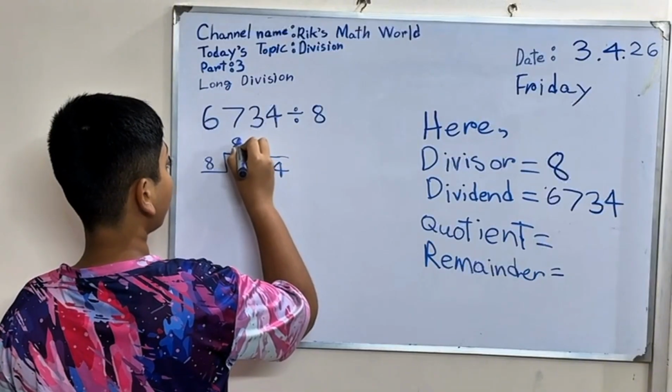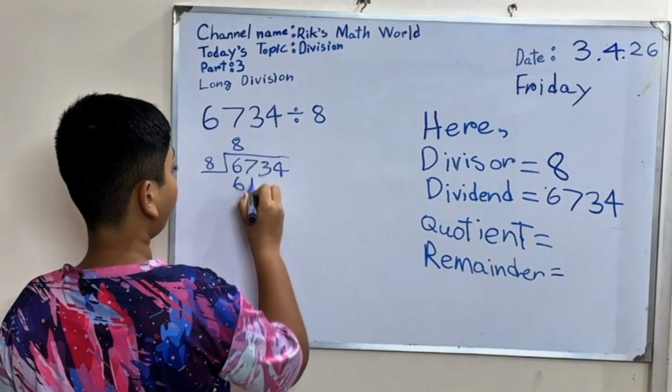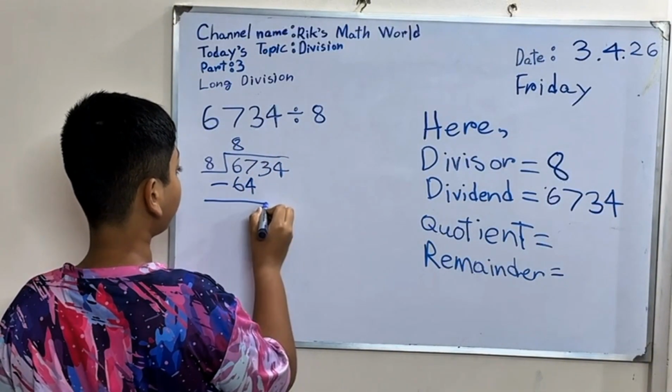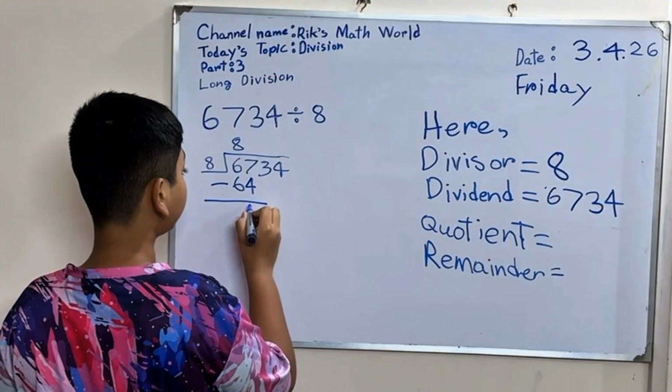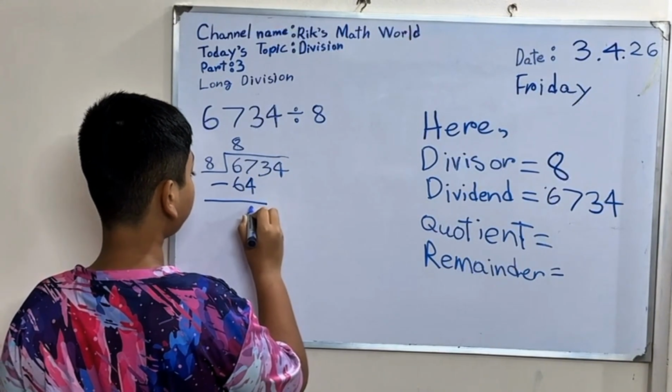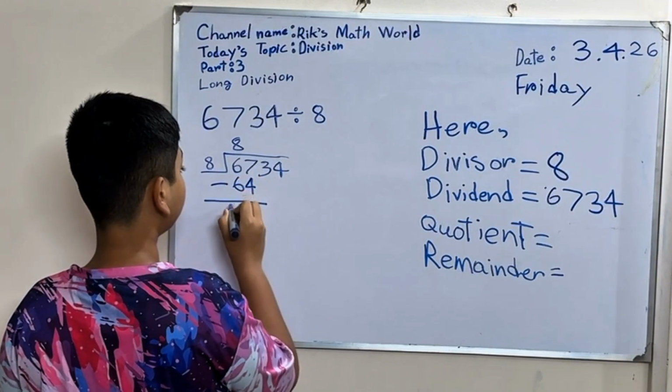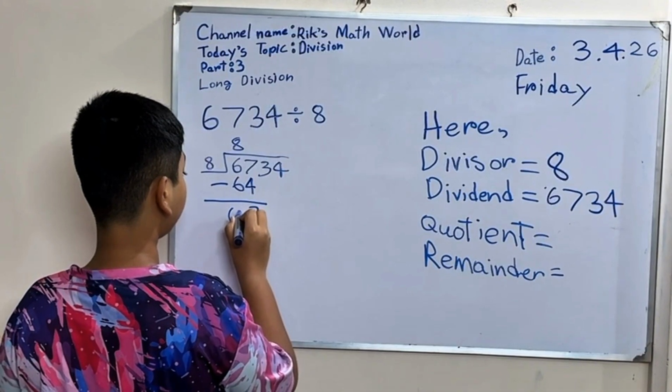So we will write 8 here and we will write 64 here. Now we have to subtract 64 from 67. 7 subtracted by 4 equals 3 and 6 subtracted by 6 equals 0.